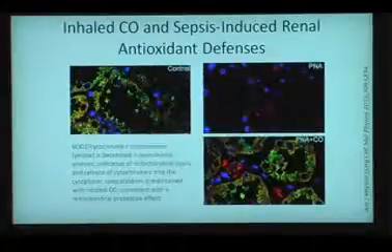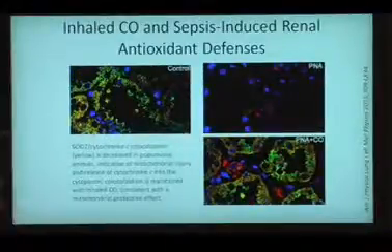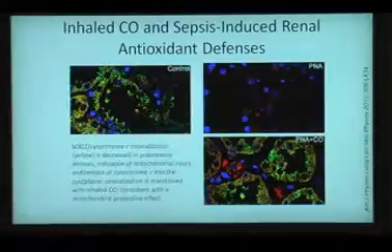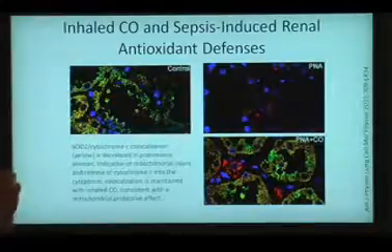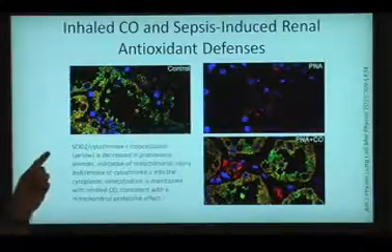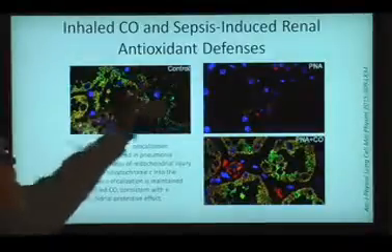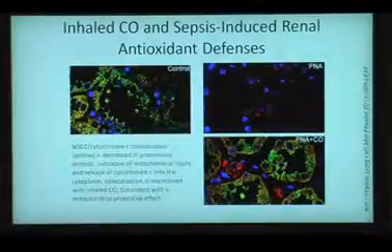And then the other thing that was looked at, and again, I had nothing to do with this work, but others in the group looked at the effect of inhaled CO on sepsis-induced renal antioxidant defenses.